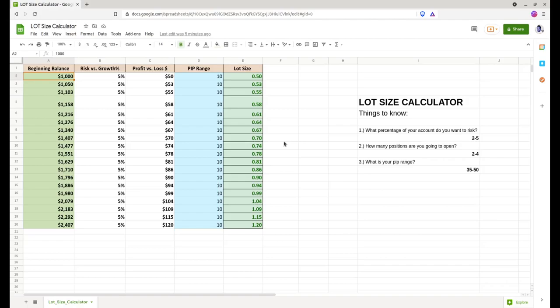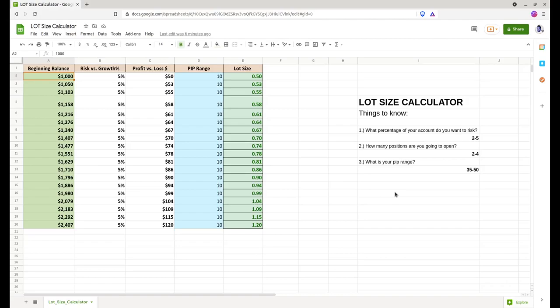But anyway, when you're going in to calculate your lot size, there are some things you need to know. So this is where we go to the right hand side of the screen and we look at the things to know text. You see those three questions right there. The first question, and in my opinion the most important question you need to ask, is, how much risk am I willing to take on?